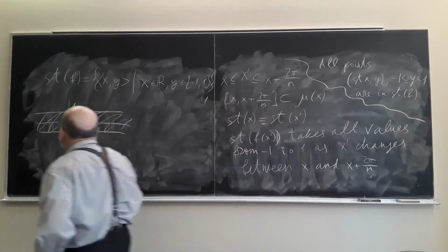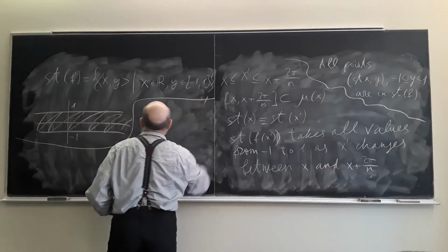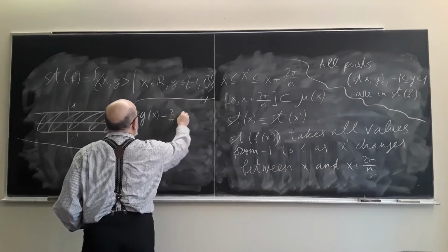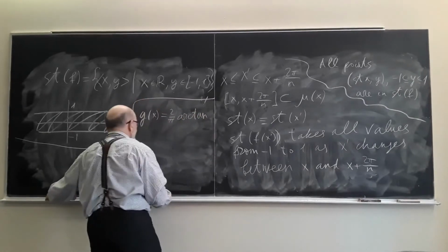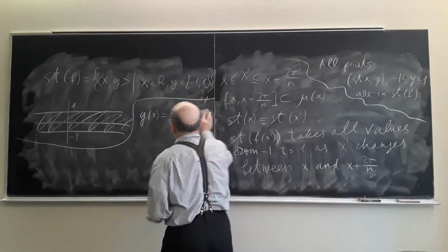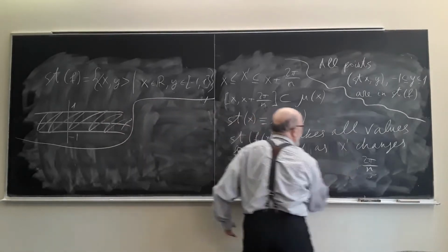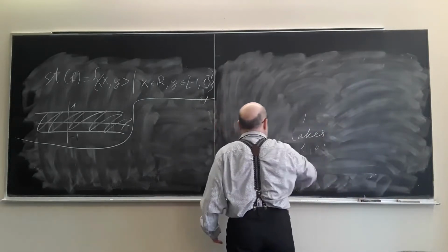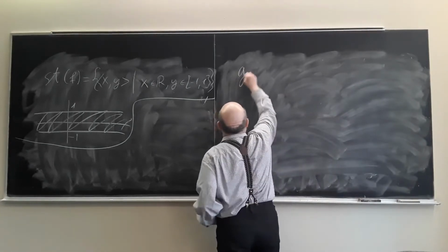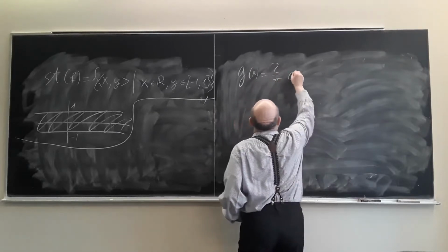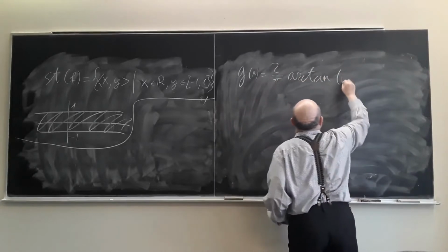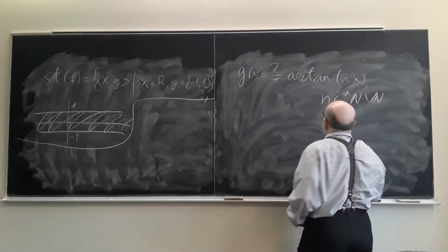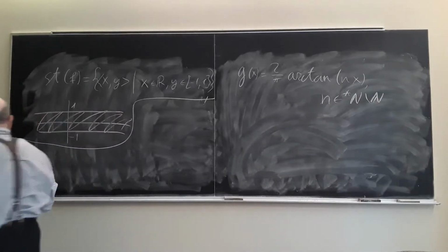Now, similarly, we can consider the function g of x equals 2 divided by pi arctangent of n x, again with n infinitely large.